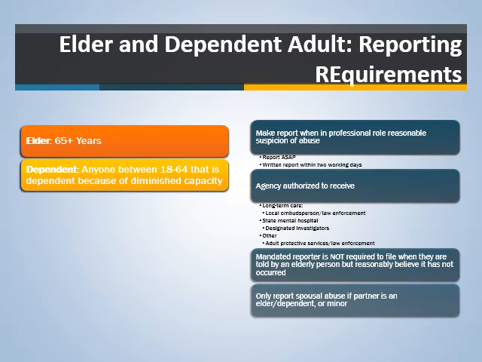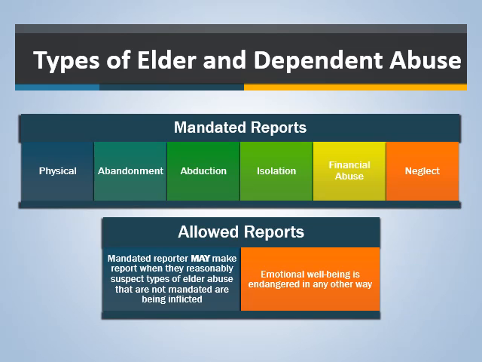If it's other types, you get to choose. You call one or the other, but you should be calling someone immediately in both cases. And finally, any other location without any other kind of abuse, you need to call Adult Protective Services or the police immediately, and then you need to follow that up with a written report within 2 days. So that's the long and short of it.